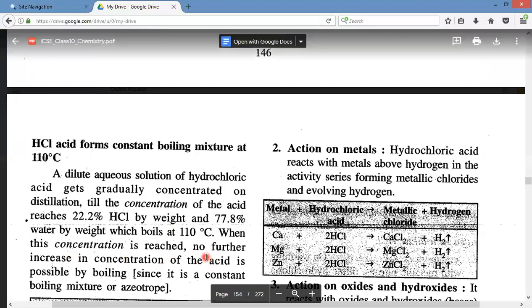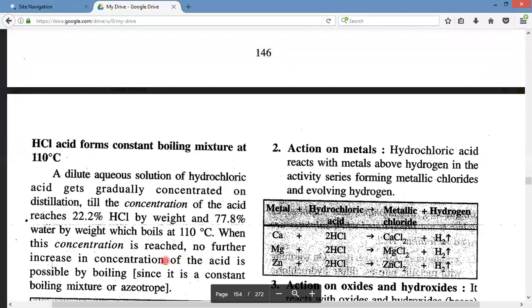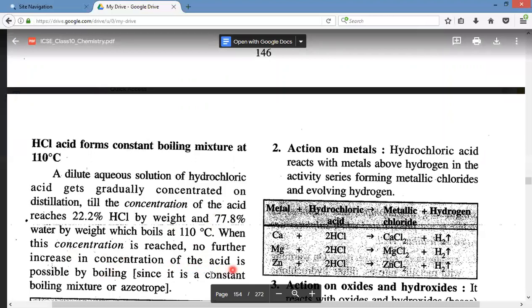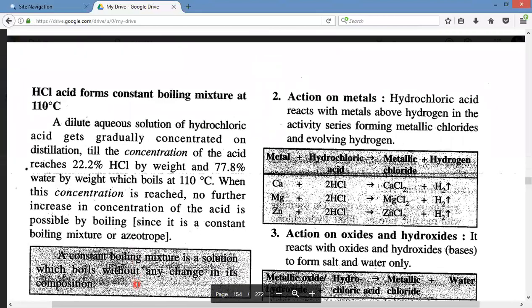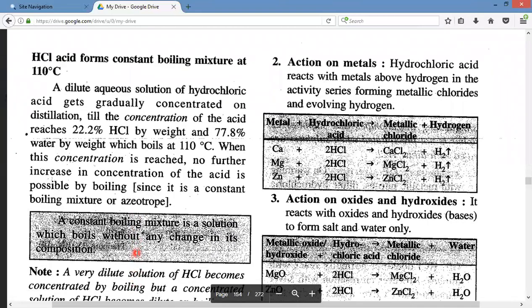And if after that the concentration is increased, then the property will change. No further increase in the concentration of the acid is possible by boiling. After that, no change in the concentration occurs, because the azeotropic mixture, or the constant boiling mixture, is formed. I'm repeating, what is a constant boiling mixture?